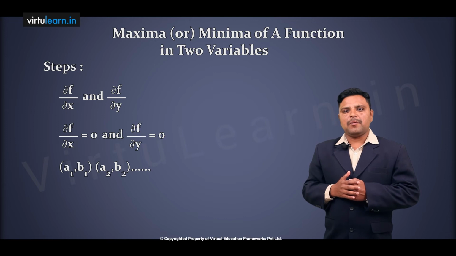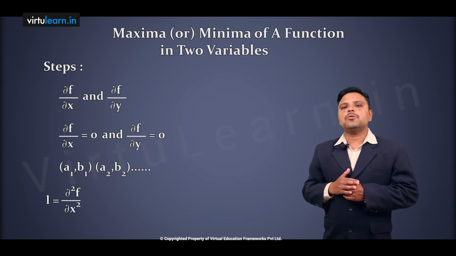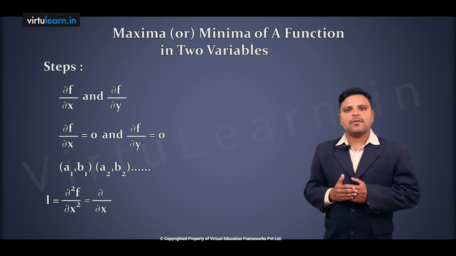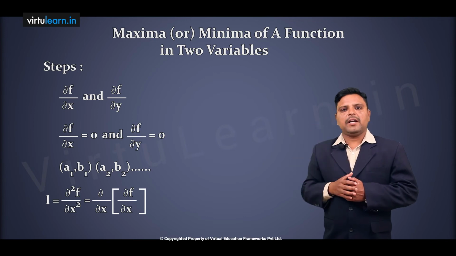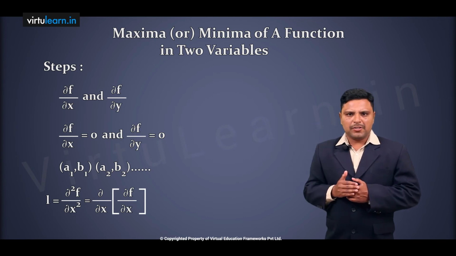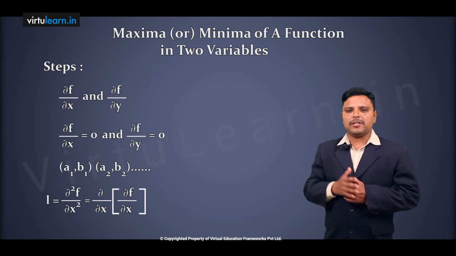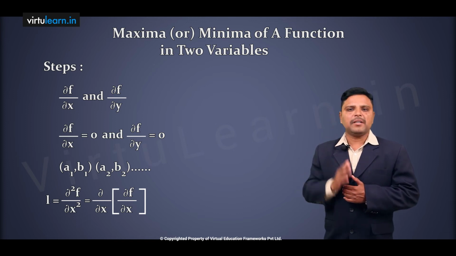Third step of the problem: construct the l value, ∂²f/∂x², that equals ∂/∂x of ∂f/∂x. Means I already calculated ∂f/∂x; partial differentiation of that with respect to x becomes ∂²f/∂x², that is nothing but the l value.